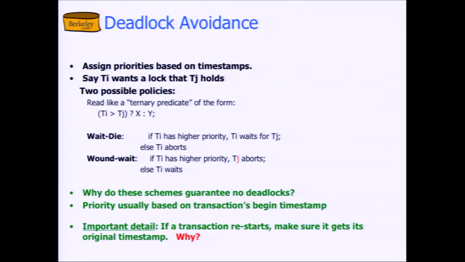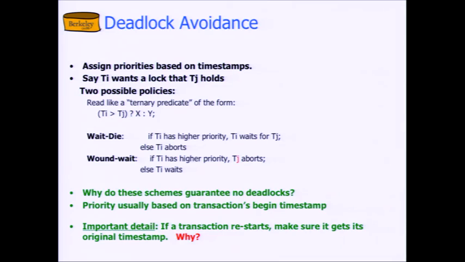In wait-die, old people wait, and young people commit suicide. If you're young and run into something with higher priority than you, you abort. In wound-wait, old people kill young people; otherwise, young people wait. So no matter how you slice it, it's good for old people.